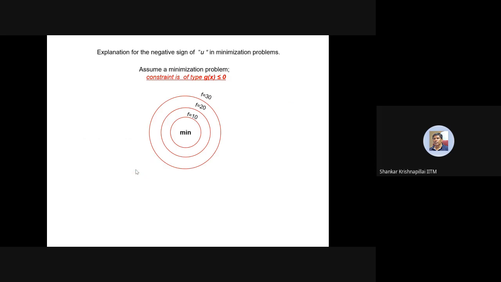So let us look at the explanation for negative sign of u in a minimization problem. Assume this minimization problem. These are the contours of the objective function. Minima will occur here, and as you go away, the contour values will increase. Our goal is to reach as close as possible to this minimum. Let us define one constraint of the type g(x) is less than or equal to 0.